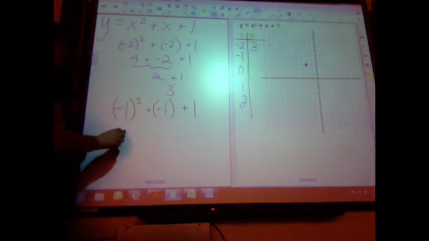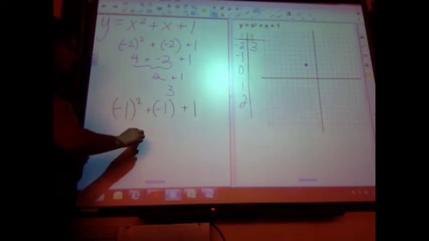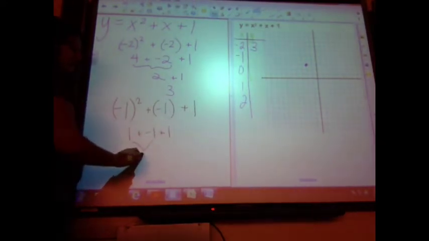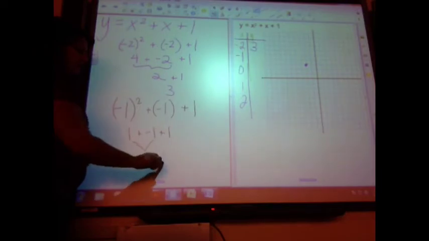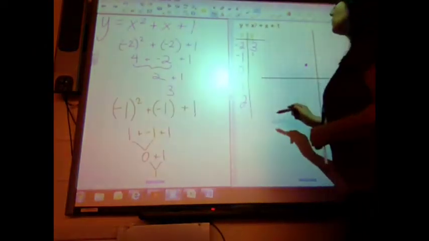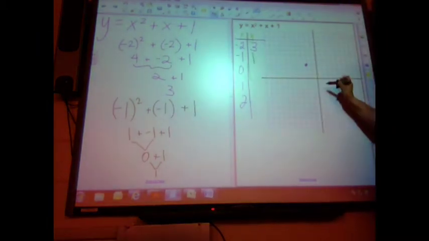So -1 squared is 1. 1 plus -1 is 0. 0 plus 1 is 1. So when x is -1, y is 1. So 1 to the left, up 1.